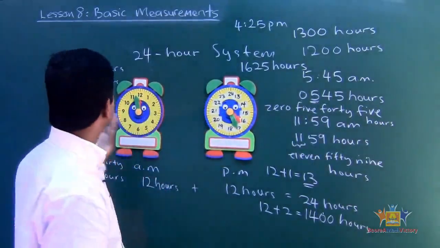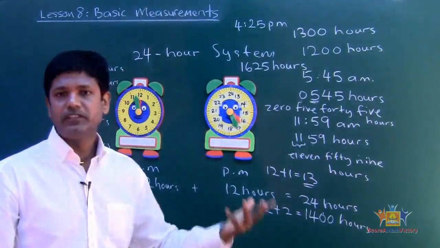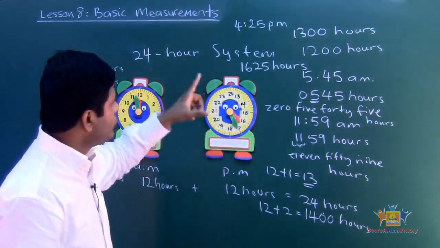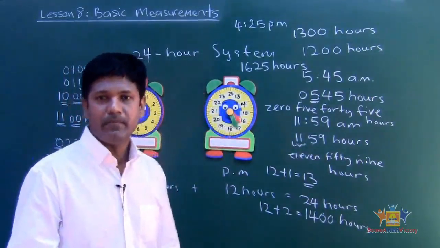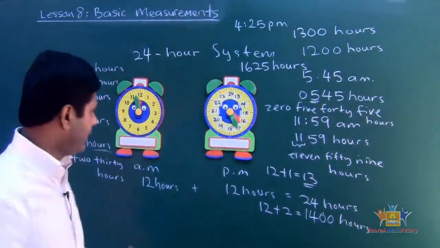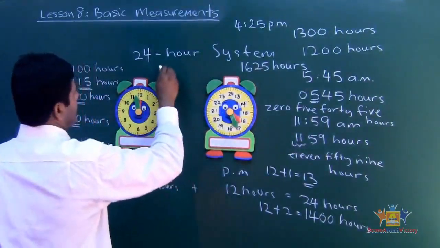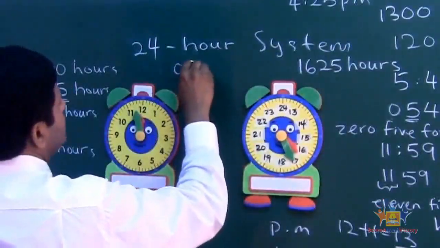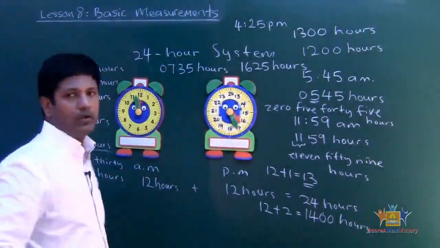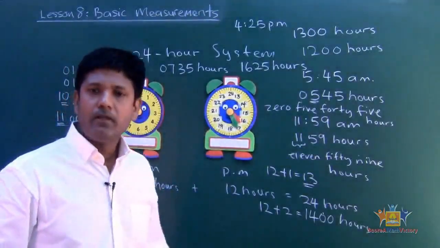Very important to be able to understand the difference between the 12-hour system and the 24-hour system. For the 24-hour system, you do not refer to AM or PM. By just looking at the clock, the time, you should be able to tell. If I were to tell you right now the time is 07:35 hours, is this in the morning or afternoon?